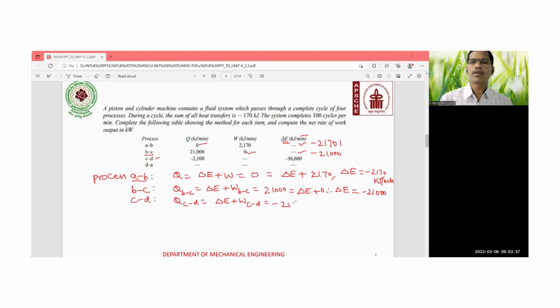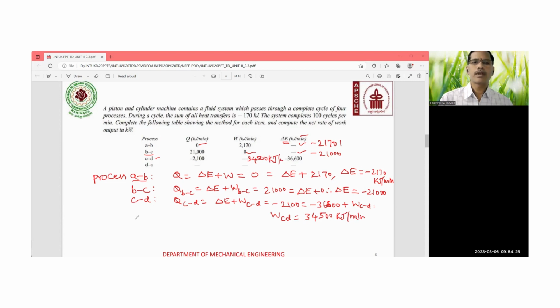Here it is given as 2100, and delta E is minus 36,600, plus W C to D. So you will get W C to D as 34,500 kilojoule per minute.